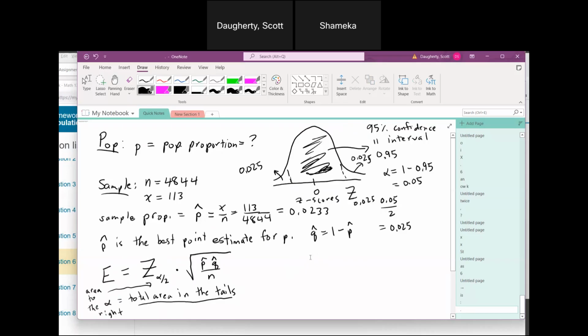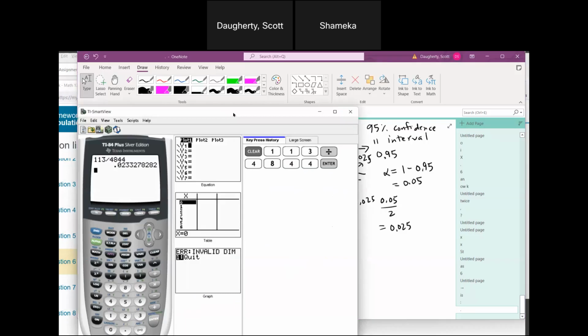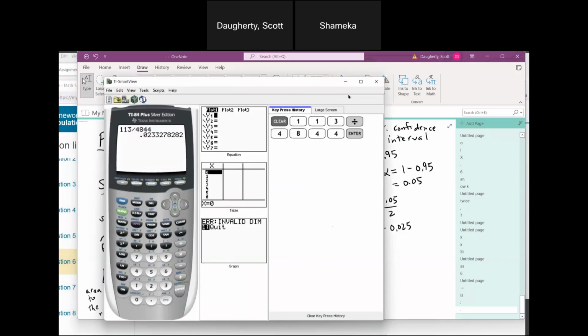Okay. So the easiest way to find this z-score is on the calculator. You may remember doing this from chapter 6. But if you go to the distribution button, so that's the button above the vars button, and you scroll down to inverse norm. So the first three here are all referring to normal distributions or bell-shaped distributions.